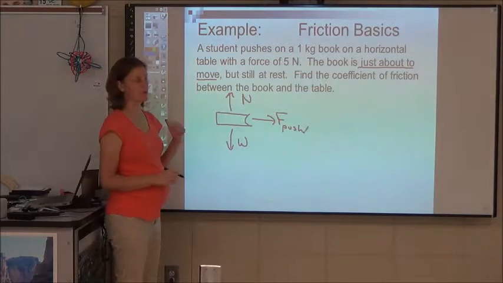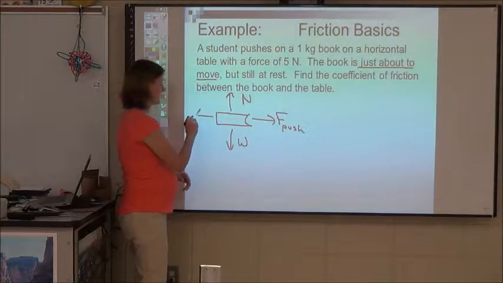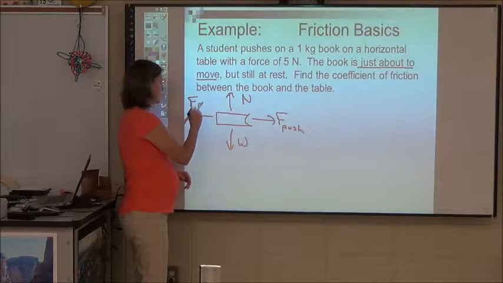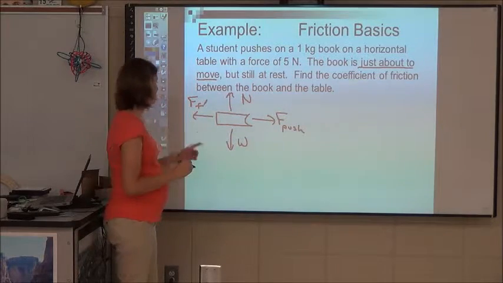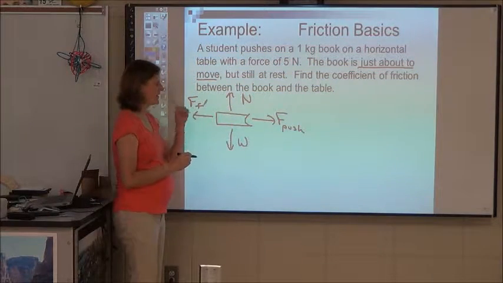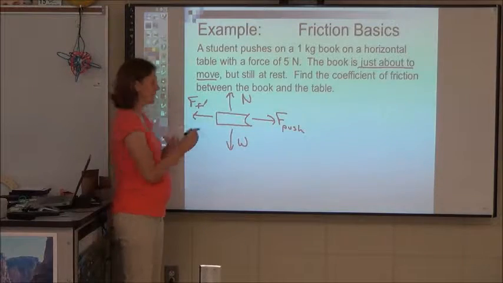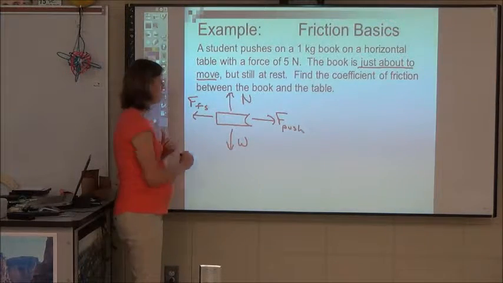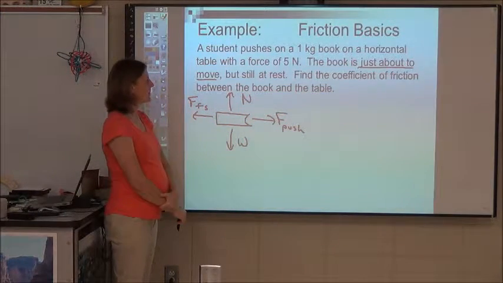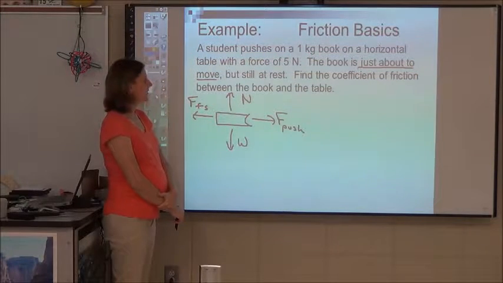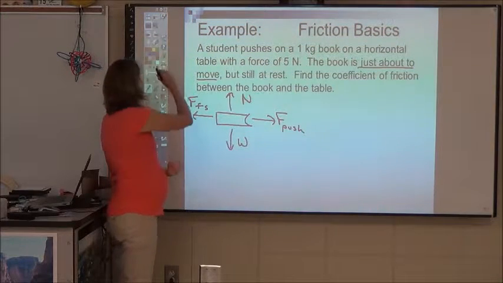And friction would be preventing it from moving forward. So friction has to be the other way. FF for force of friction, technically like static. But there you go. Okay, find the coefficient of friction between the book and the table.